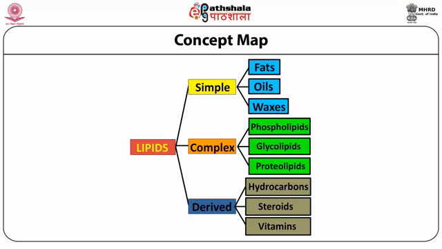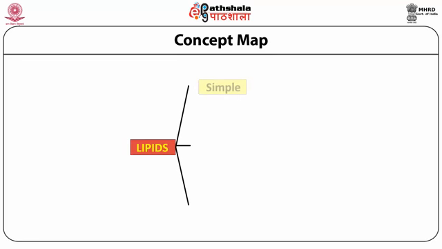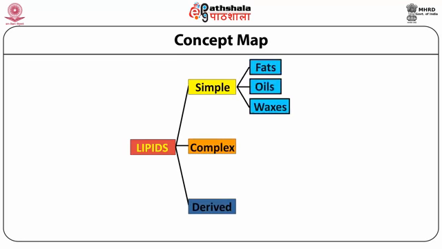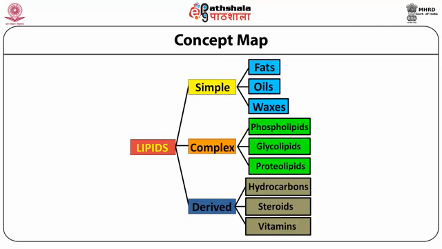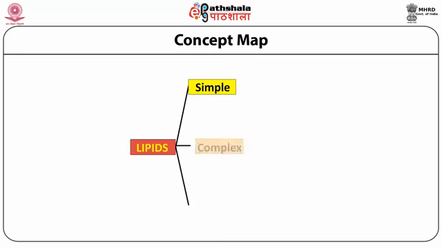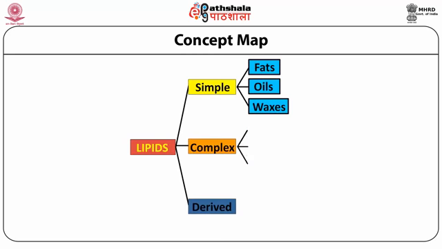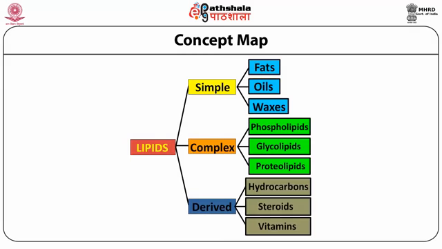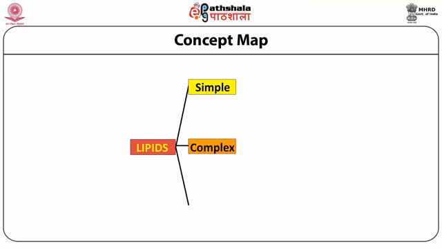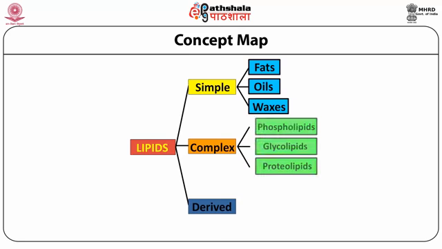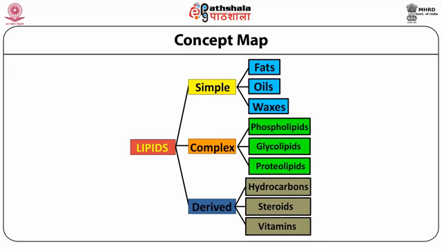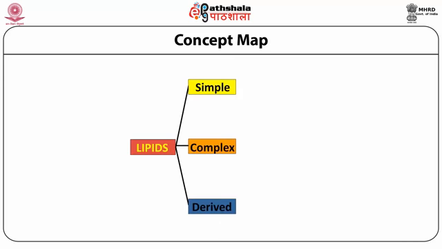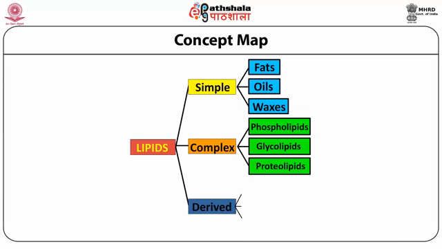The simple lipids, including the fats, the oils, and the waxes, have already been explained in the previous modules. The complex lipids, which include the phospholipids, glycolipids, and proteolipids, are discussed here.